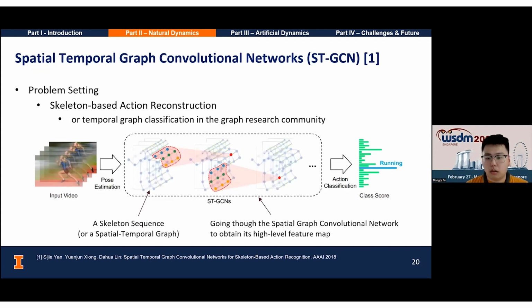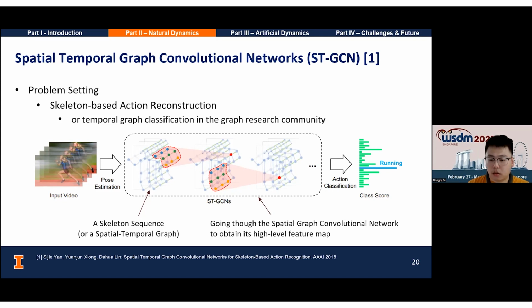To be more formal, in this work, we aim to realize skeleton-based action recognition, also called temporal graph classification in the graph research community. Given a sequence of skeletons, we first model them into a sequence of graph snapshots, also called a spatial temporal graph.